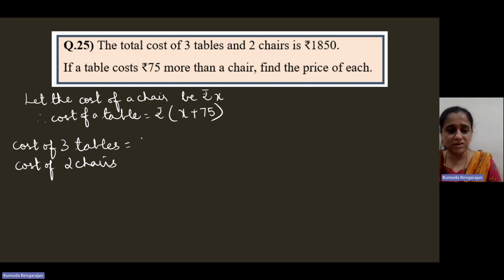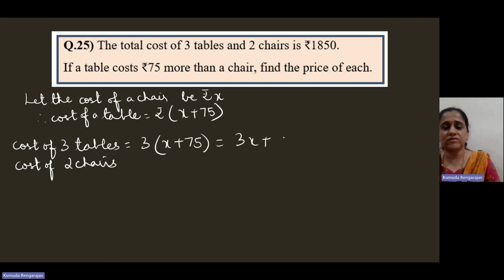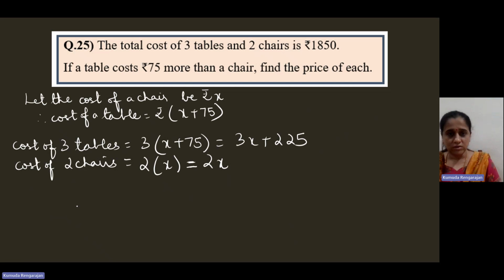Okay, 3 tables will be 3 into X plus 75. So 3 into X, 3X plus 3 into 75, 225. 2 chairs, 2 into X, so 2X. Now, total cost is 1850.